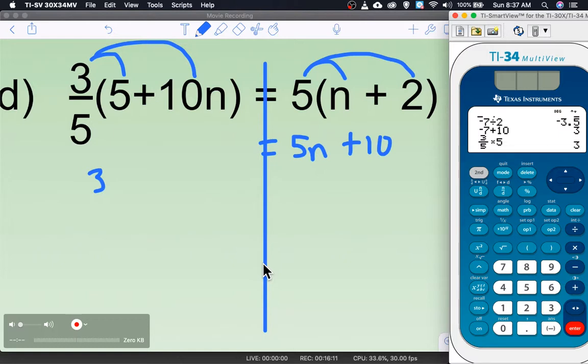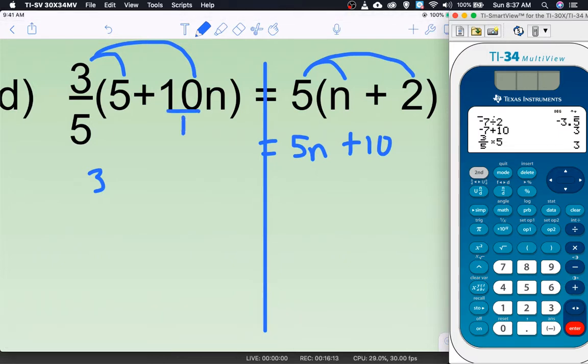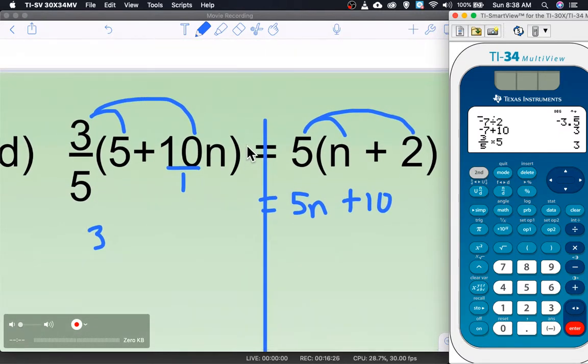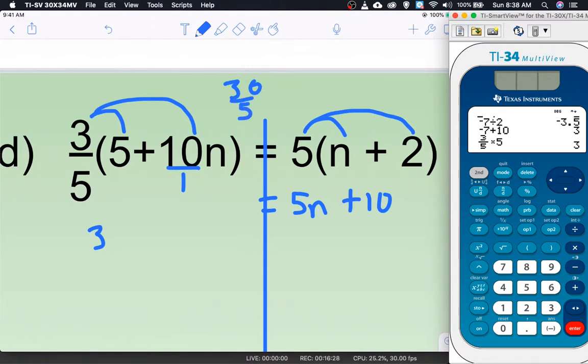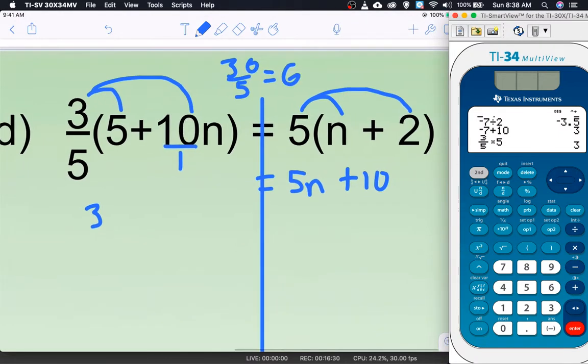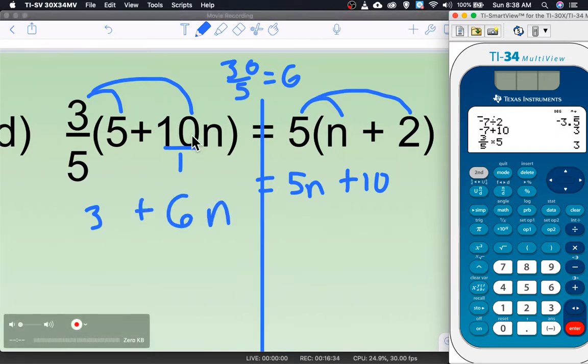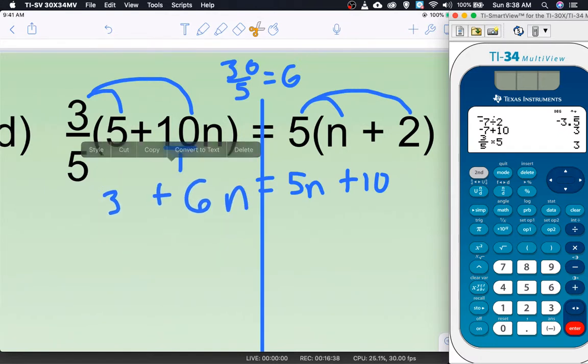If you don't have a handy-dandy calculator, you can multiply by hand, and you multiply across the top is 30, multiply across the bottom is 5. 30 over 5 as a fraction simplifies down to just 6. So that is 6n. And my stuff's not really lined up, so let's fix that. There we go.